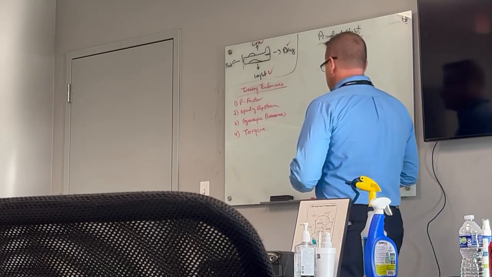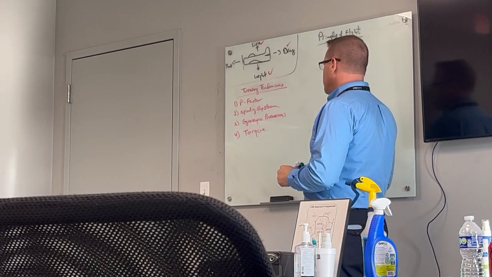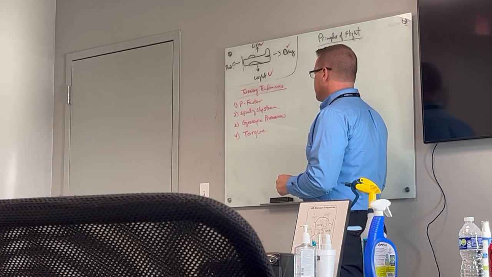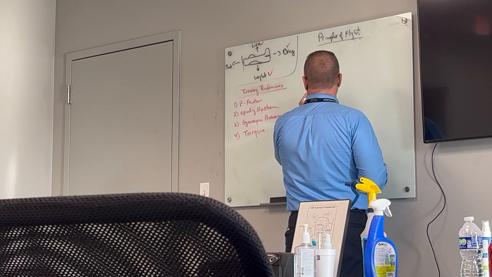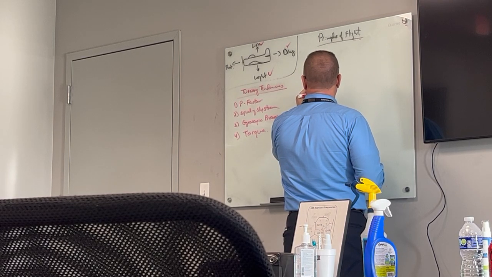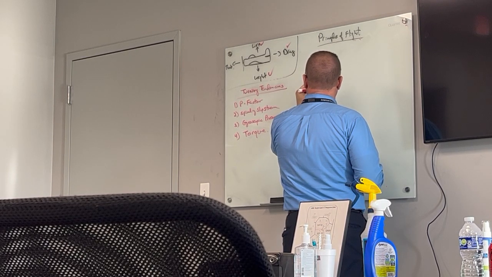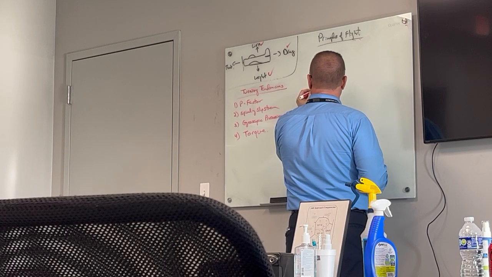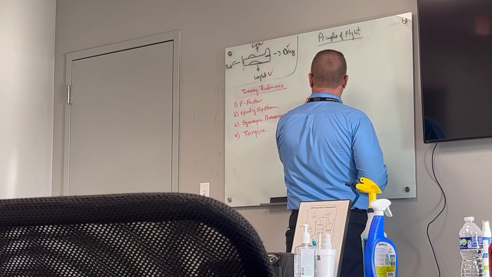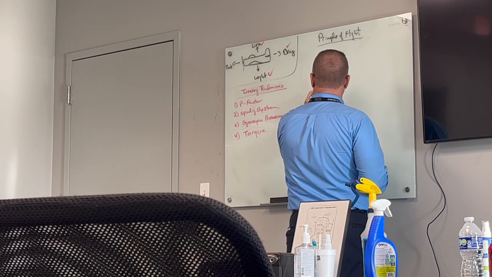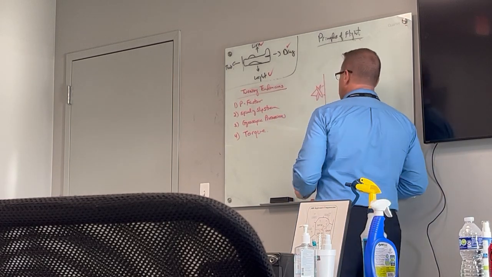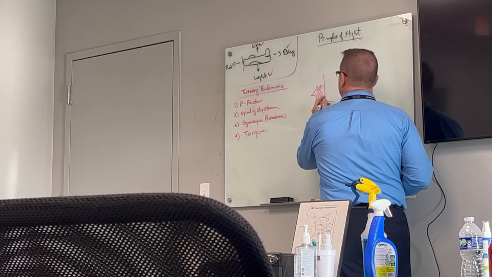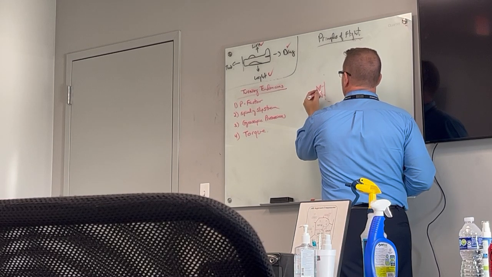P factor is basically the way, if we look at a cross section of our blades, how they're mounted to our aircraft.